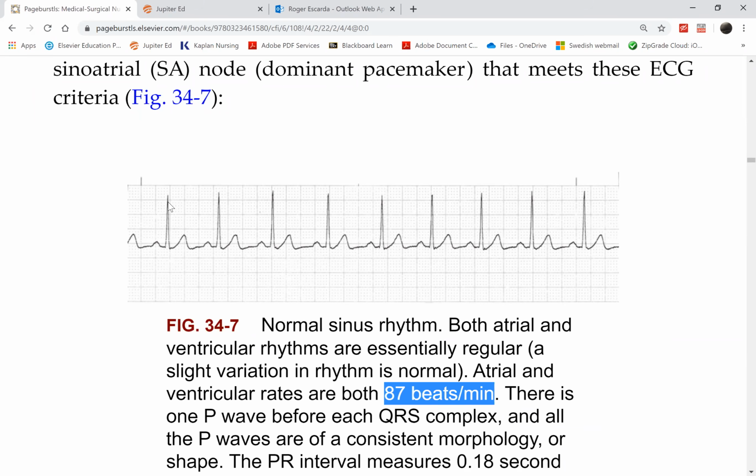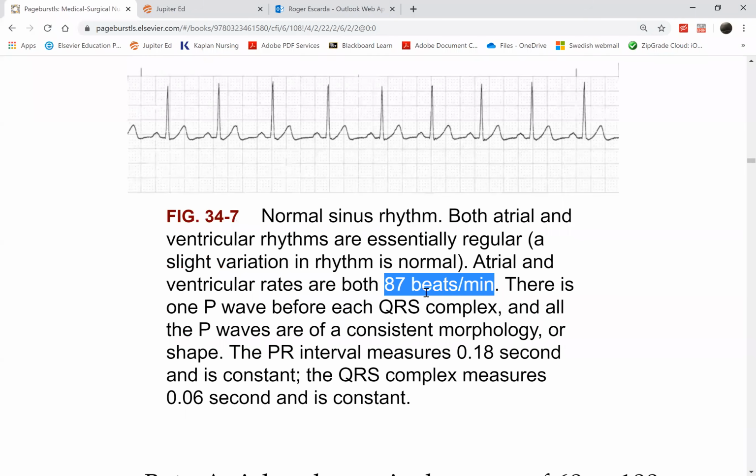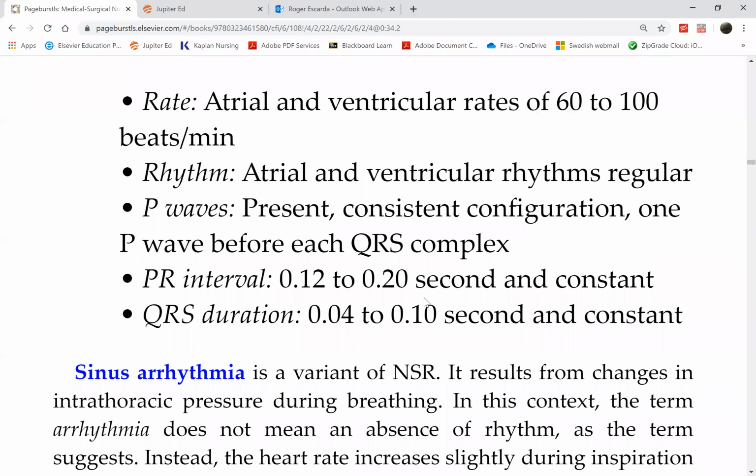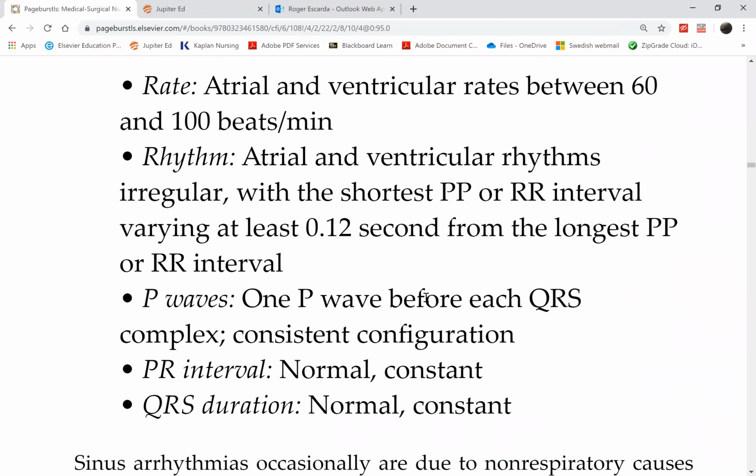So I can only count up to here. If I count 1, 2, 3, 4, 5, 6, 7, 8, that is 8 times 10 equals 1 minute. So my estimated heart rate here is 80. Is that clear, Joanna? Yes, thank you. Alrighty.